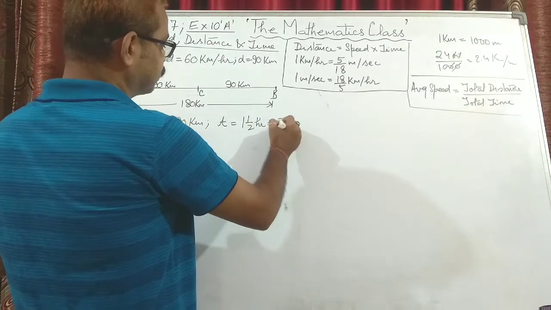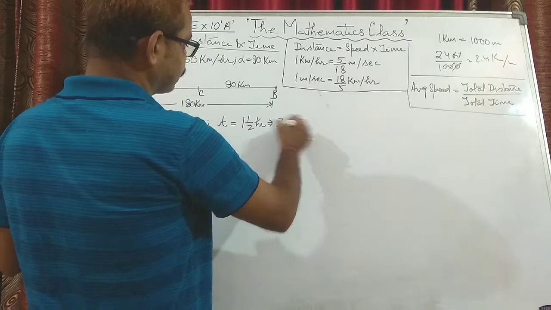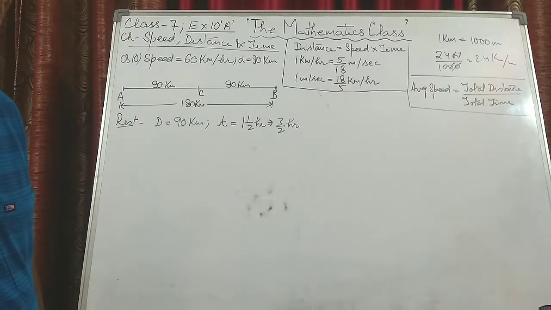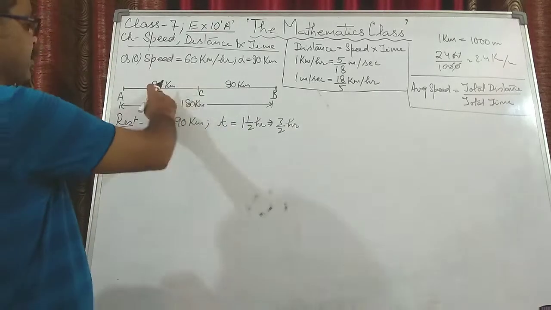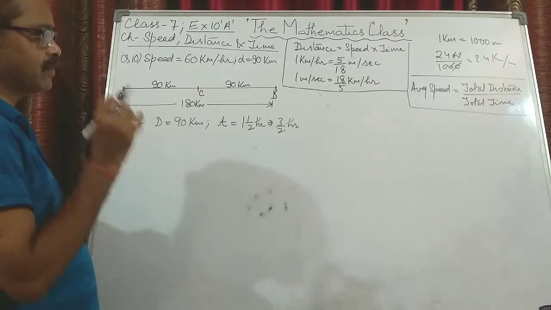That makes 3 upon 2 hours. What we have to find is the average speed. We know that average speed is total distance upon total time. Total distance we know is 180 kilometers. We only have to find the total time.